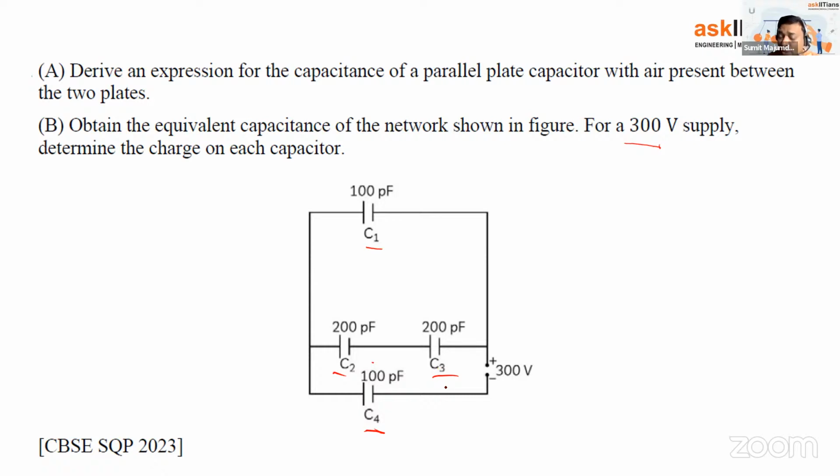But is that actually true? Let's try to figure that out. So let me draw this and explain it to you that that is not the case. Let me just put up the picture and explain it to you one by one.